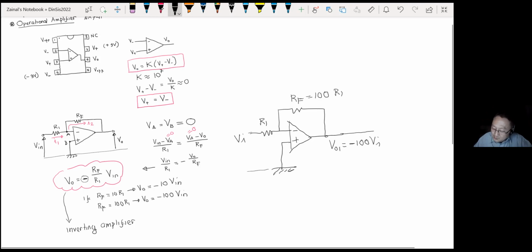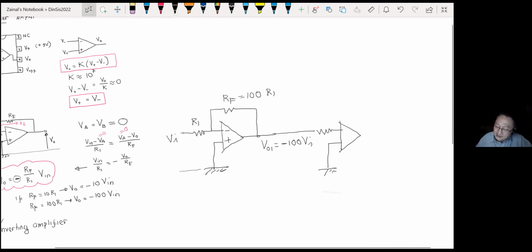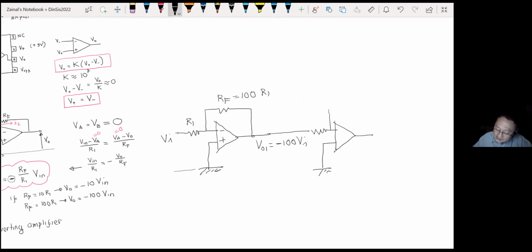Right? Now you connect this one with another one, something like this. Choose this one to be the same, for example, this one R3, this one R3. So VO2 is minus VO1, which is the same as 100 times VI.